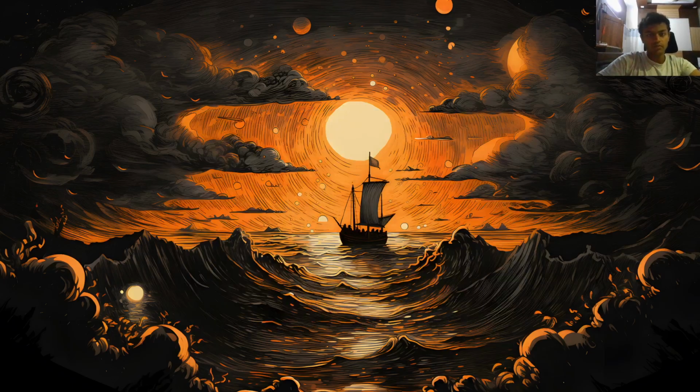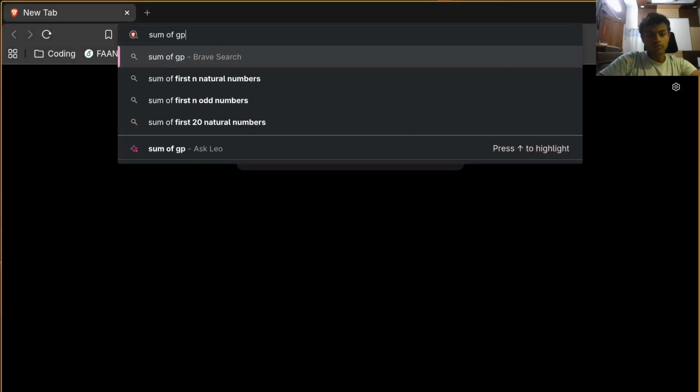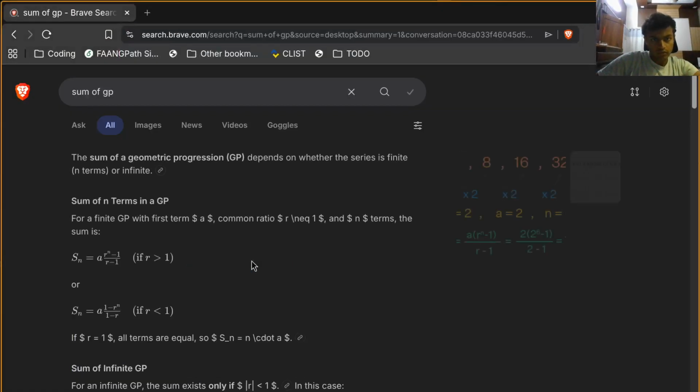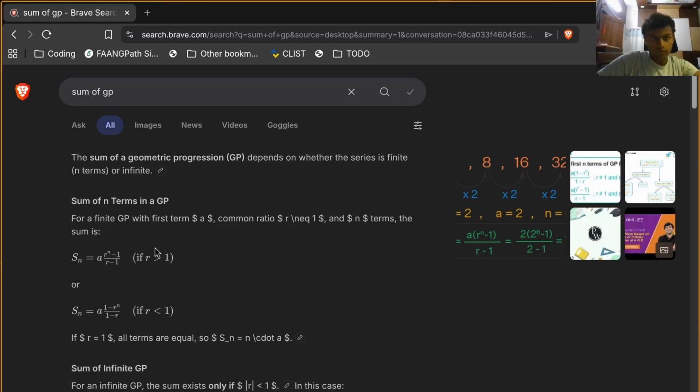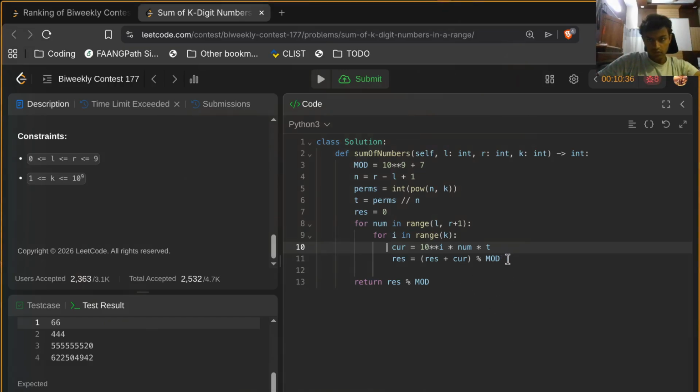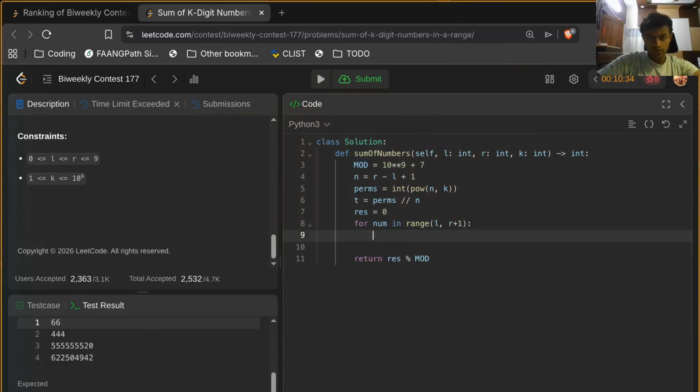This is just the sum of a GP: 1 into 10 power k minus 1 divided by 10 minus 1.